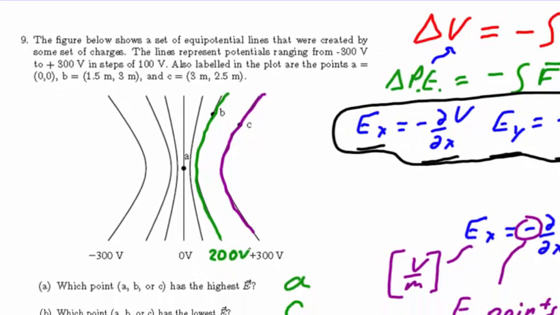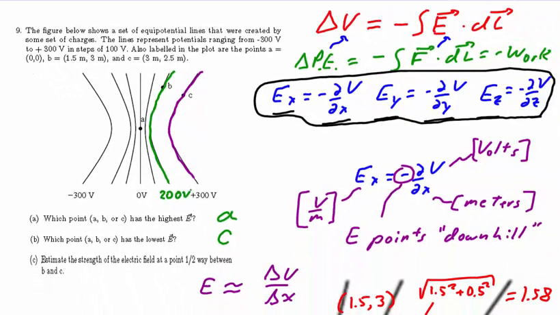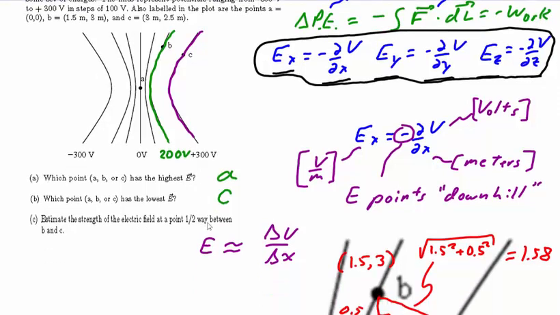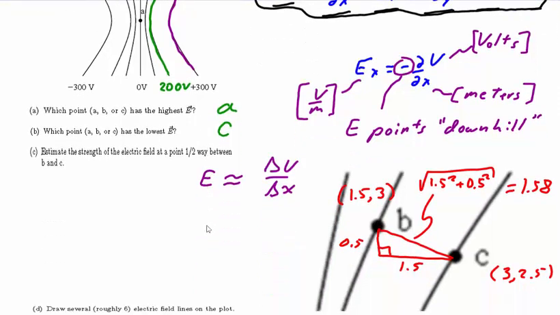Therefore, the numerator in our electric field calculation, delta V, is the difference between 300 volts and 200 volts, which is 100 volts. Now we're ready to calculate the electric field at the point midway between these two by taking the 100 volts and dividing it by the 1.58 meters, yielding an electric field of 63.25 volts per meter.